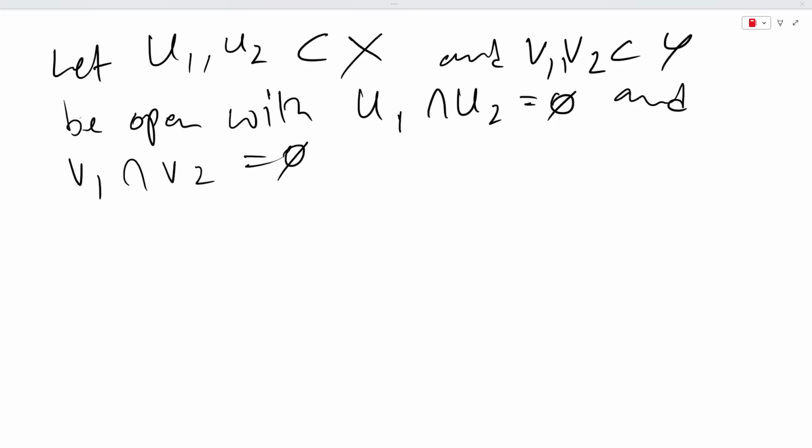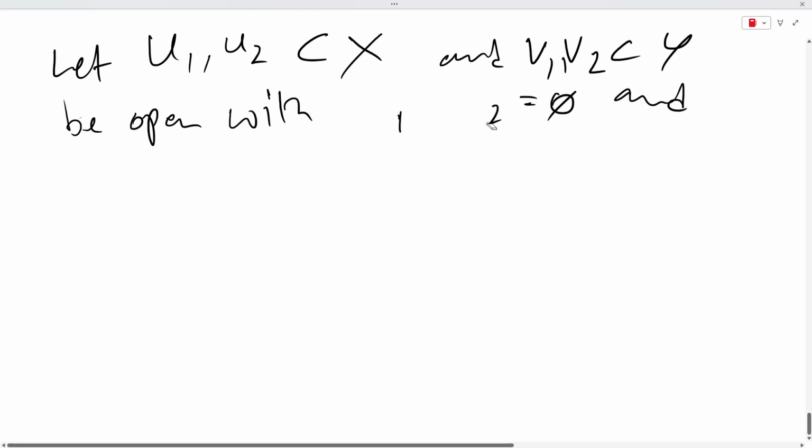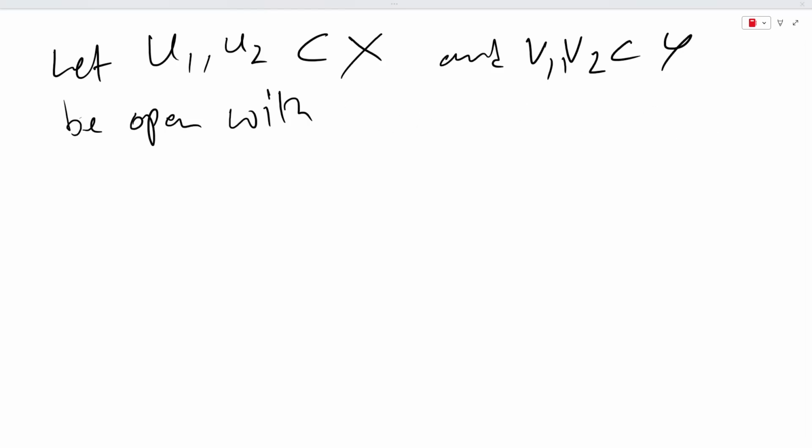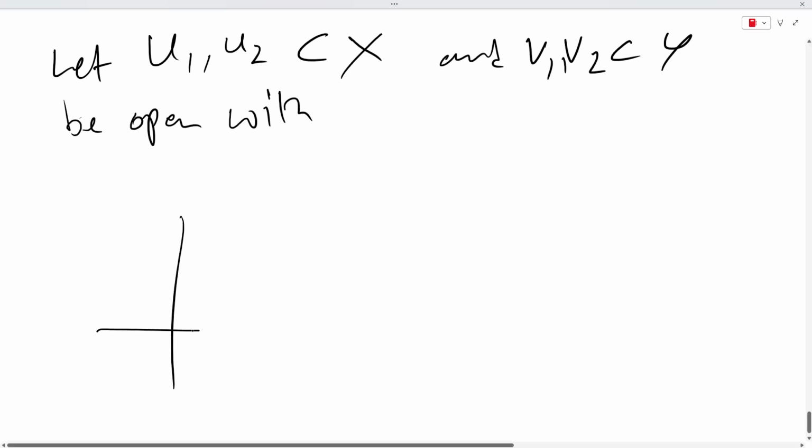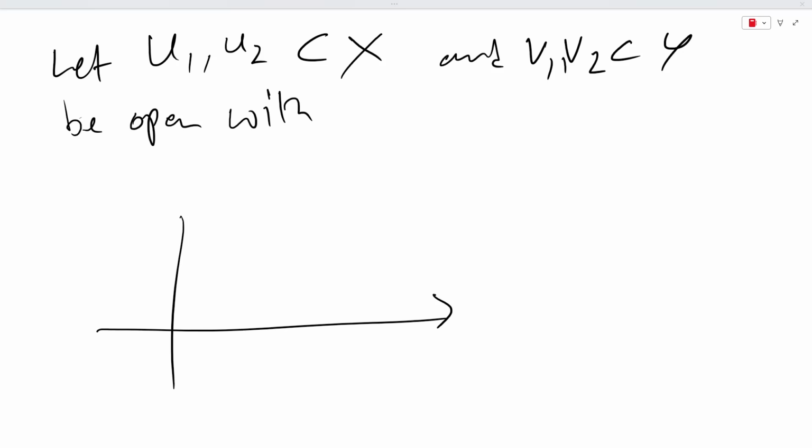Okay, we don't really need them to be disjoint. So we just let these be open.